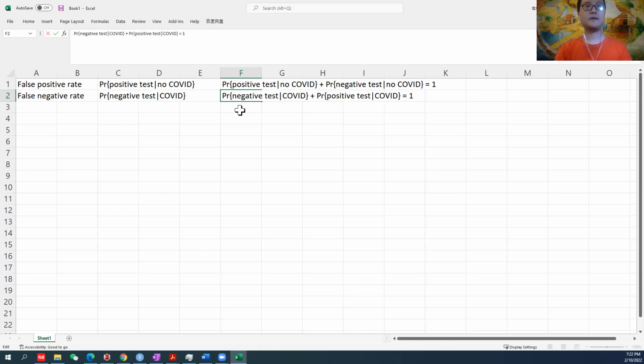So that means the false positive rate plus, what do we call this: if a person has no COVID, and conditional on that, the test is also negative?